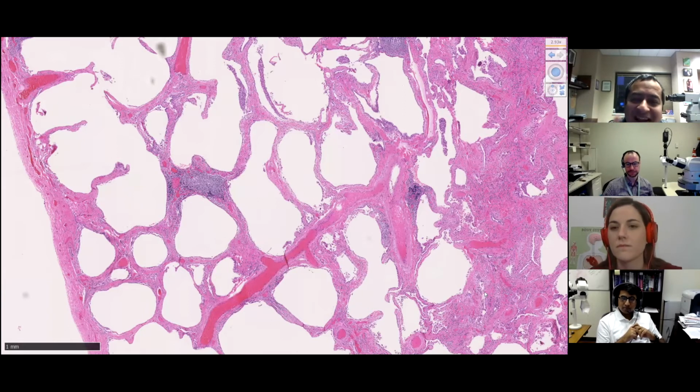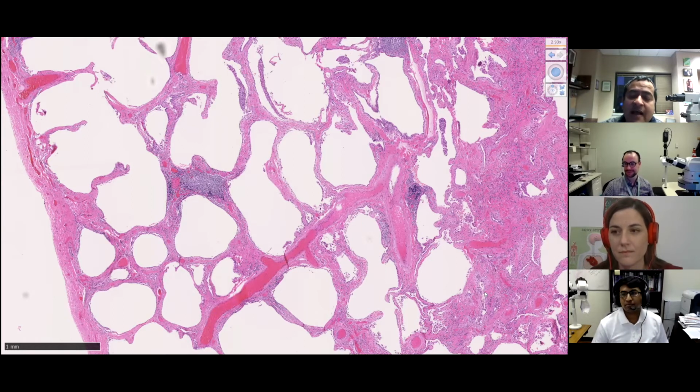Now, one interesting thing, when you guys brought up the CTD-ILD, I know because of the lymphoid follicles and the germinal centers, but I'll tell you one interesting historical fact. Historically, when Liebow described DIP, one of the features they described was lymphoid follicles in DIP cases. And interestingly, you also get lymphoid follicles in SRIF once in a while, here and there, scattered.